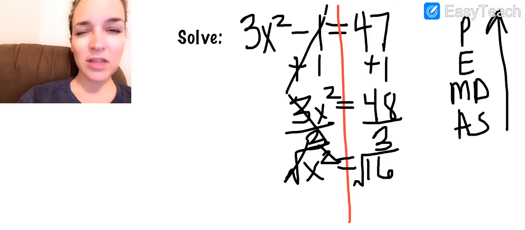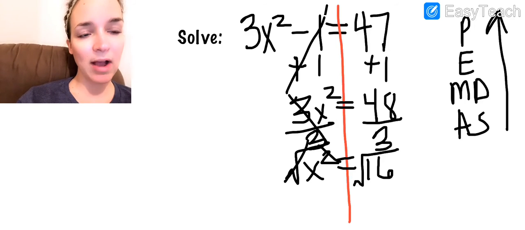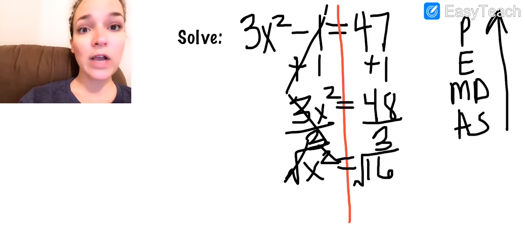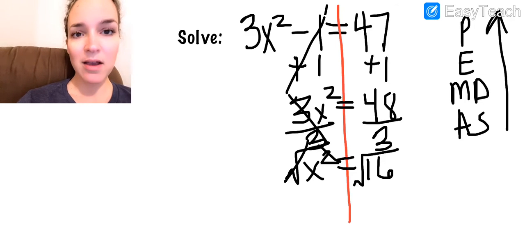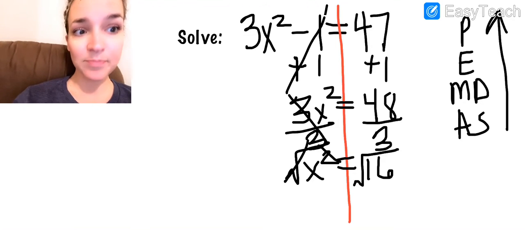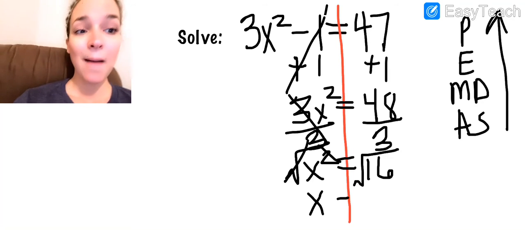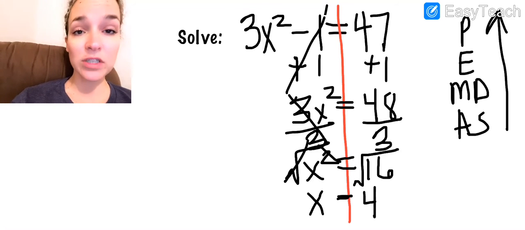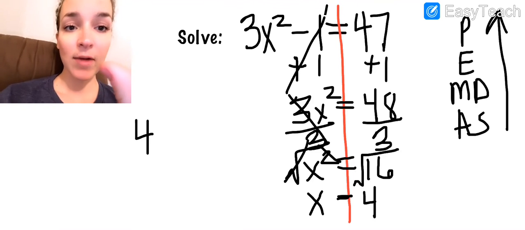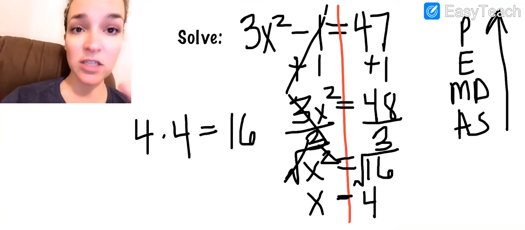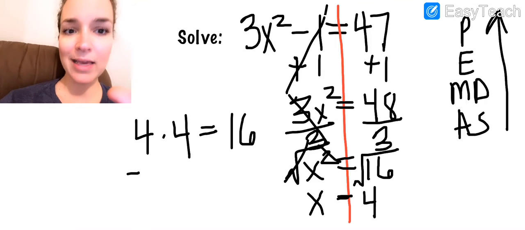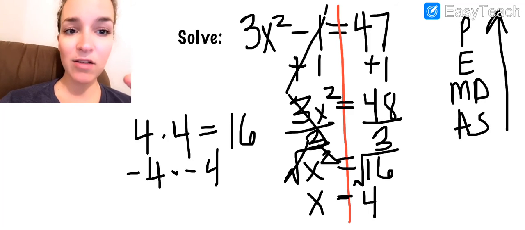Now, here's something that we've touched on, but we haven't talked a whole lot about. Remember, when you square root something, there are actually always 2 possible answers. Because I know the square root of 16 is 4, and I know that because 4 times 4, let me write that over here for you, 4 times 4 equals 16. But what about -4? What if I do -4 times -4?